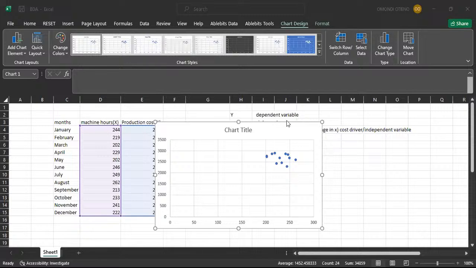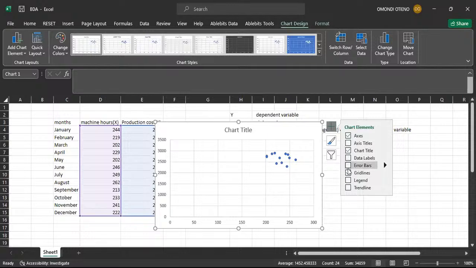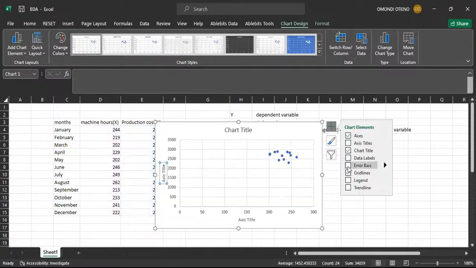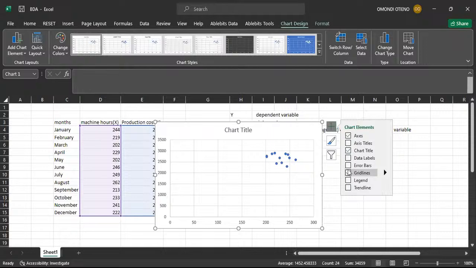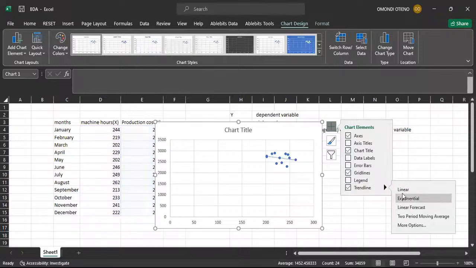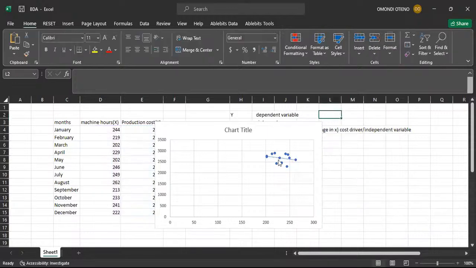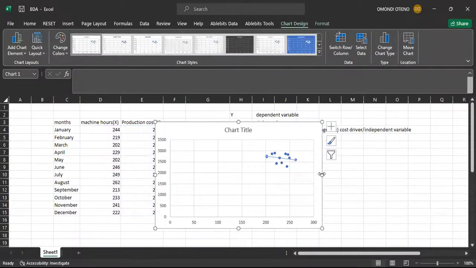The trend line will be very important to us. So let's say this is our trend line. You can just expand it.